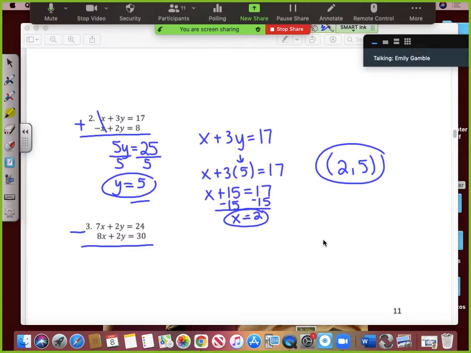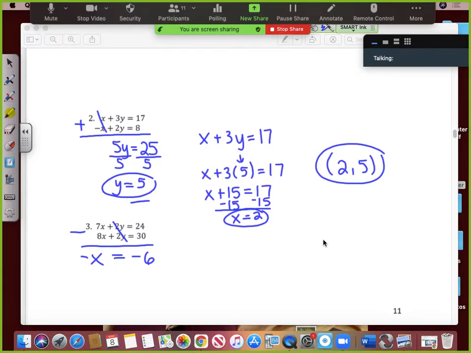It's very important that when you do subtraction, you always start with the top number and subtract the bottom number. So 7x minus 8x is negative 1x. 2y minus 2y cancels out. And 24 minus 30 is negative 6. So right now I have negative 1x is equal to negative 6.